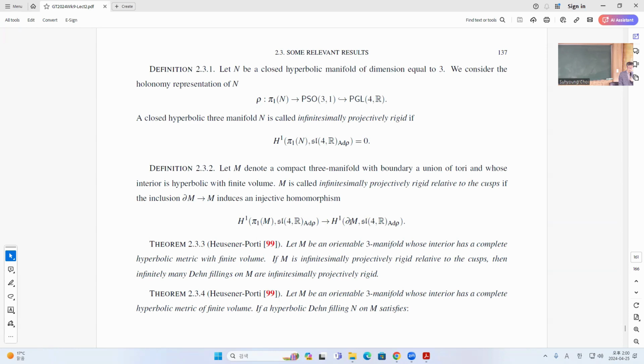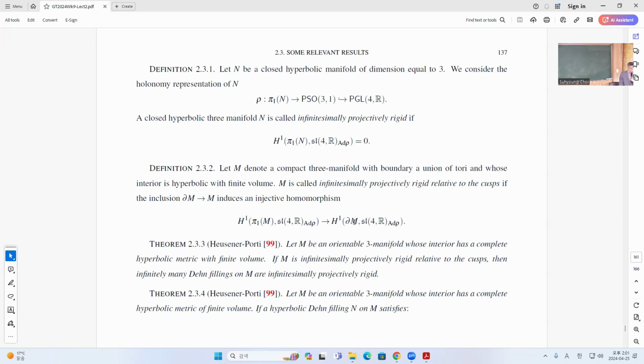I should say this is pi one of the boundary of M. I could drop the pi one here because it's homology, but anyway, there's some mistake here.